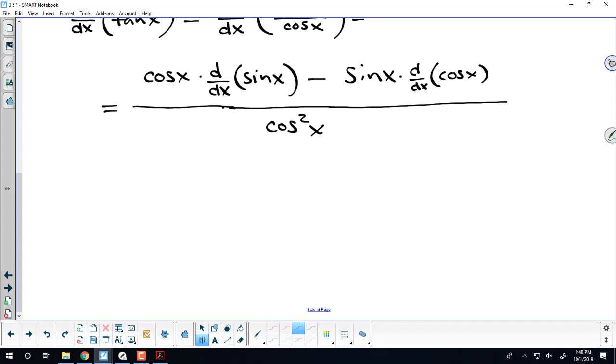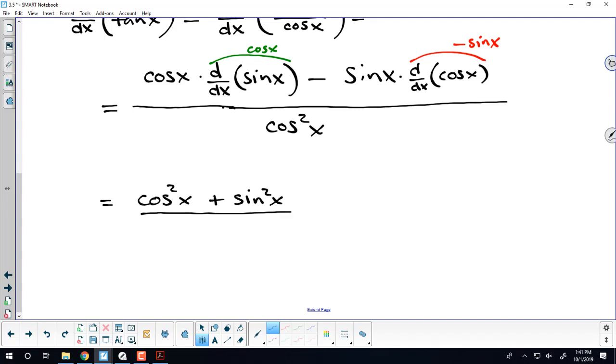So then the derivative of sine is what? Cosine. Derivative of cosine is negative sine. So notice what happens in the top. We have cosine times cosine. That's cosine squared. Minus sine times minus sine is sine squared, all over cosine squared.